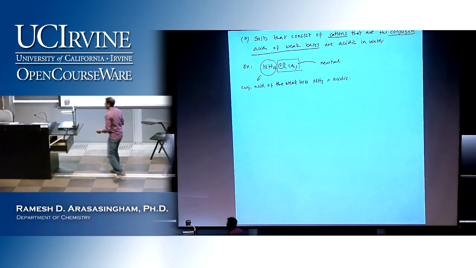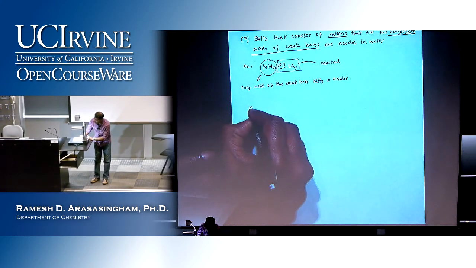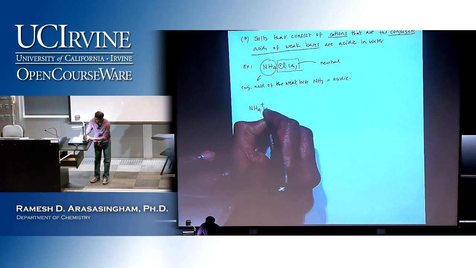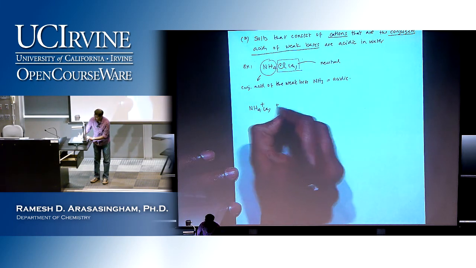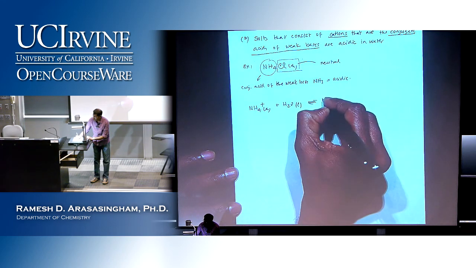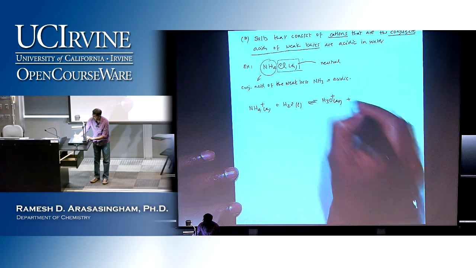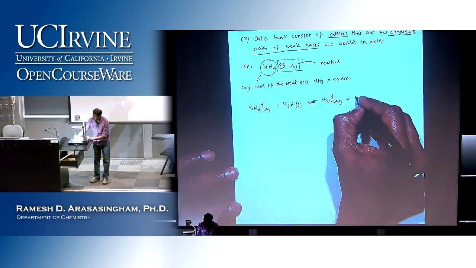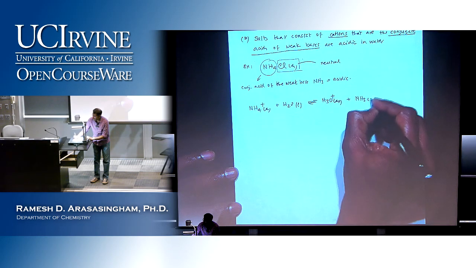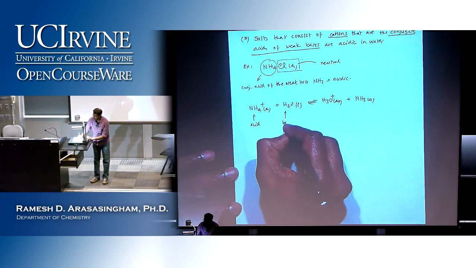All right? And so why is it acidic? We know that NH4 plus in water will act as a very weak acid to give you H3O plus aqueous plus NH3, where this is the acid, this would be the base.